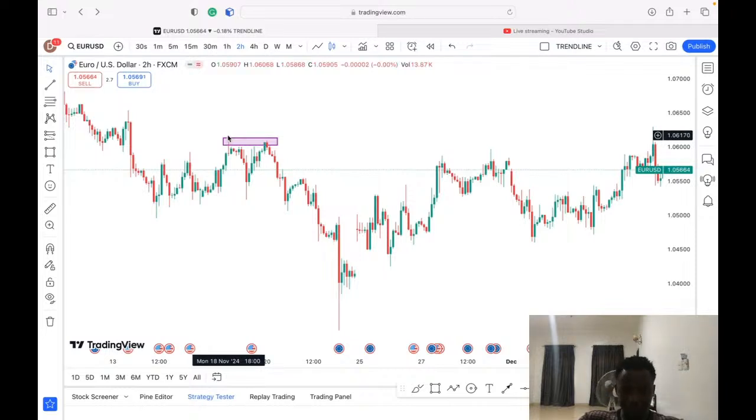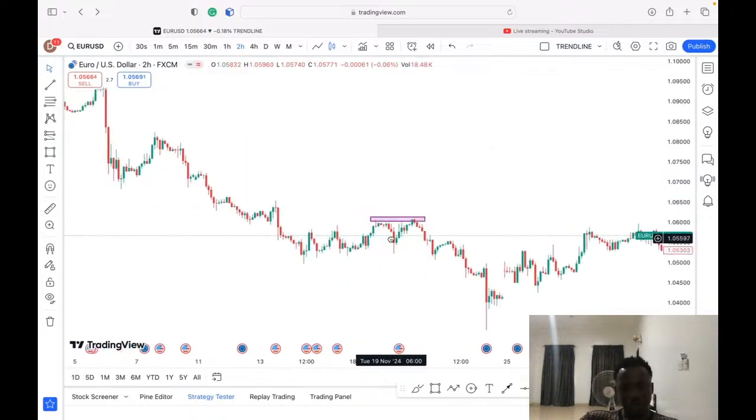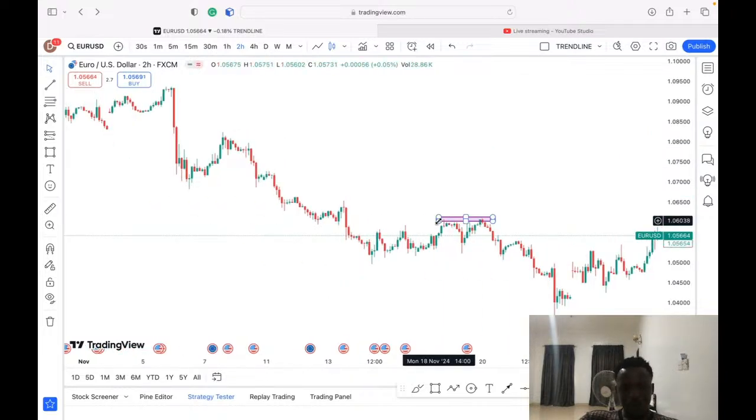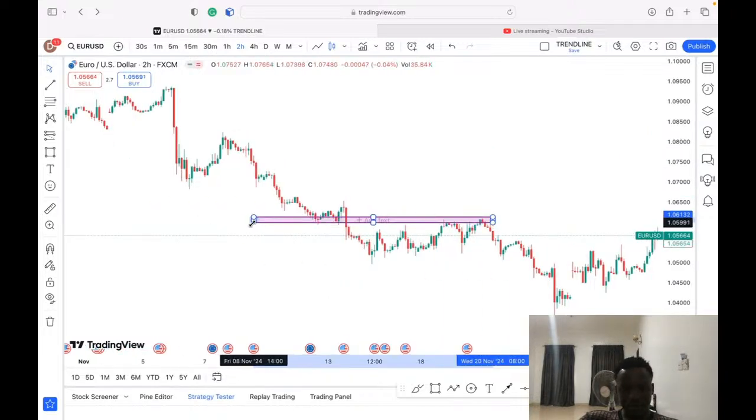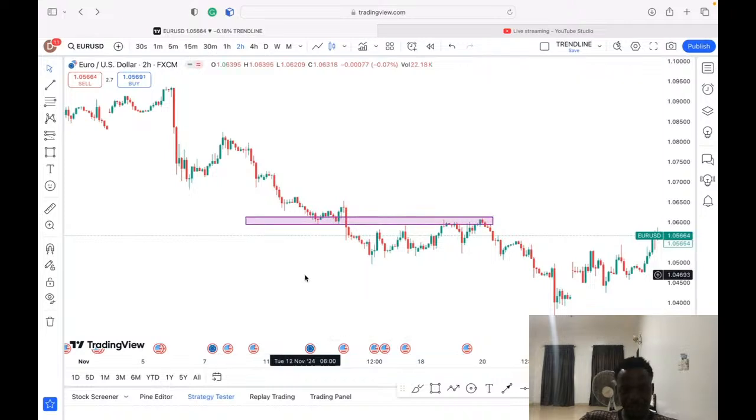If it corresponds to any previous resistance or previous support, it simply means that this particular double top is at a key level. So I drag this. There is a resistance level here, stopping this guy from going down.